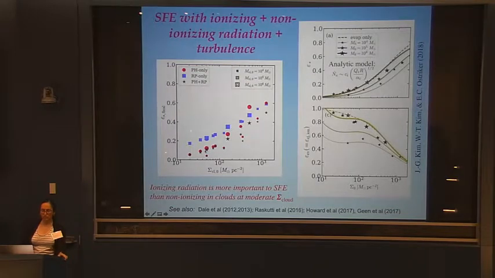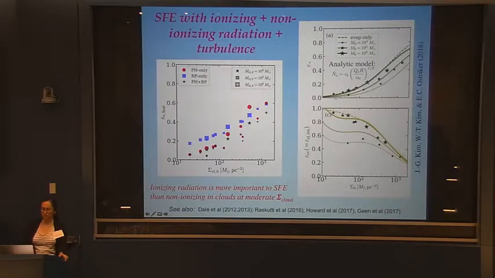You can see that the ionizing radiation is more important than the non-ionizing, in the sense that you get closer to the net efficiency with both if you are including only the ionizing. The star formation efficiencies here are maybe about 10% or lower for low surface densities, but they get up to 50% for high surface densities.